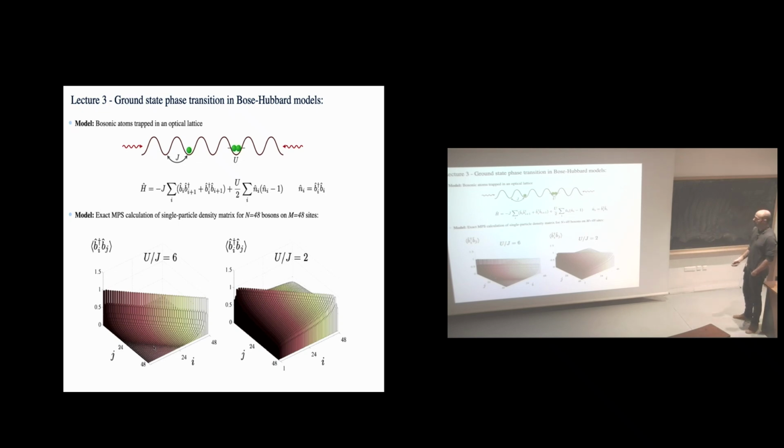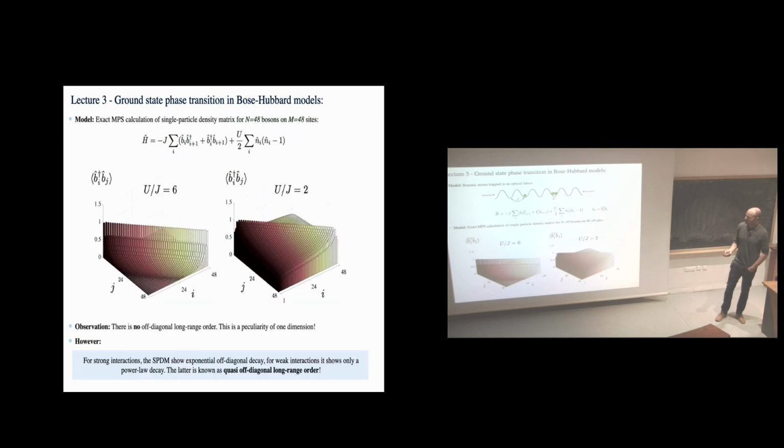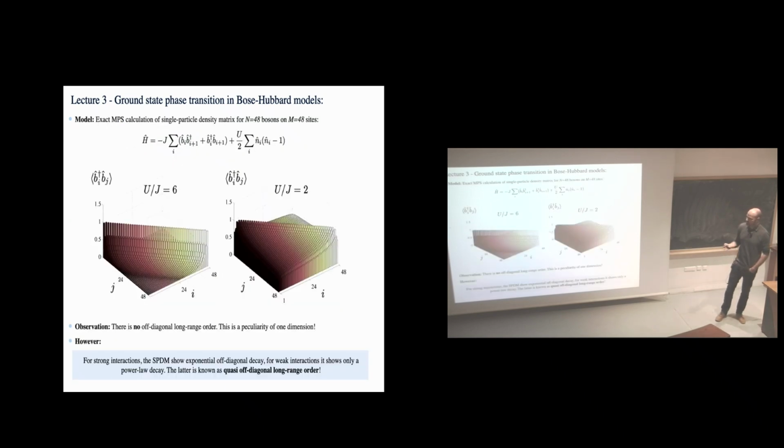On the other hand, if I go to a very weak interaction strength, I can also compute this density matrix, and I get these large off-diagonal elements in the system. Now, the important thing you see here, if you are used to 3D systems and Gross-Pitaevskii physics, is that usually your Bose-Einstein condensate or your superfluid is characterized by off-diagonal long-range order.